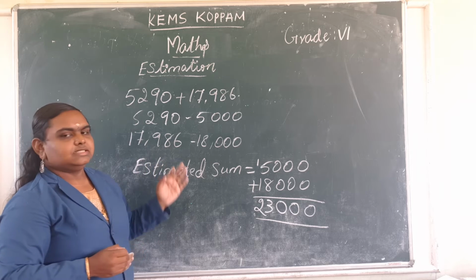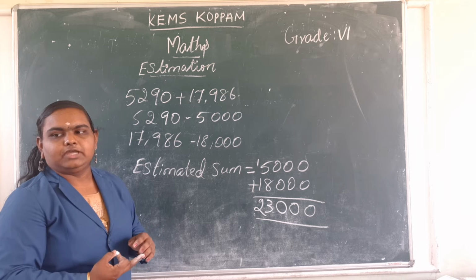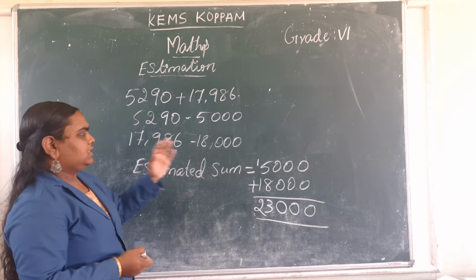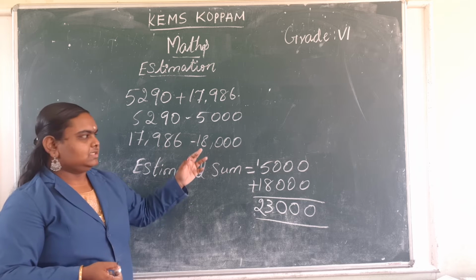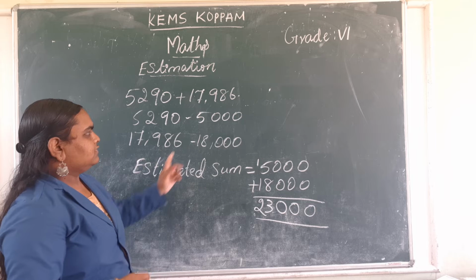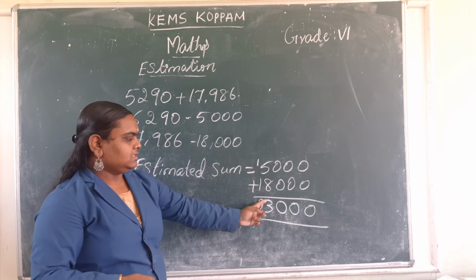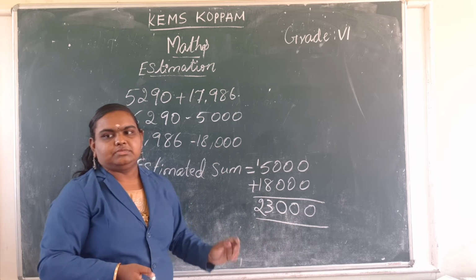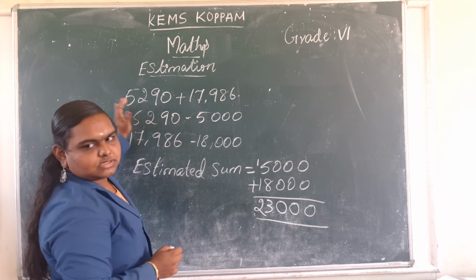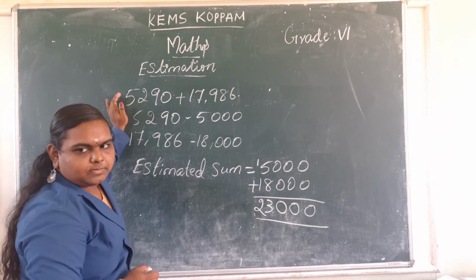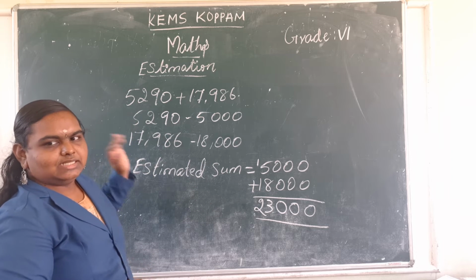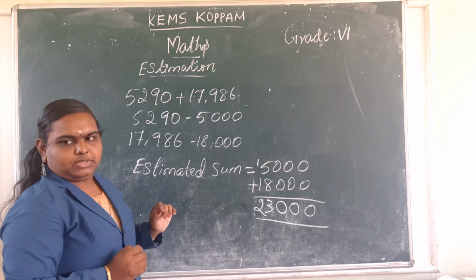So 986 is above 500, and I am taking the biggest number, 18,000. So I estimated the numbers. First one is 5,000 plus 18,000. So the estimated sum is approximately this answer. We have only a small difference, so this is the estimated, that is approximate, number.